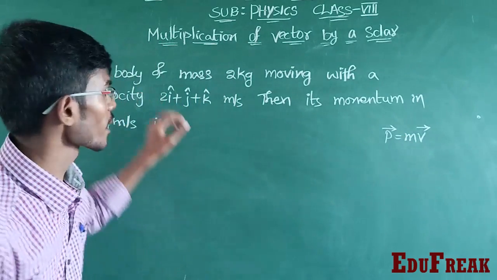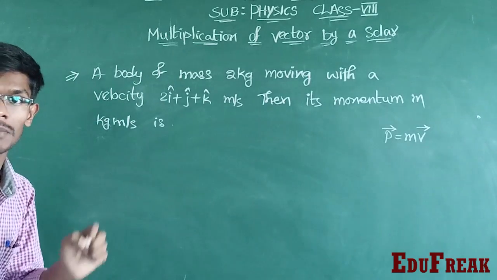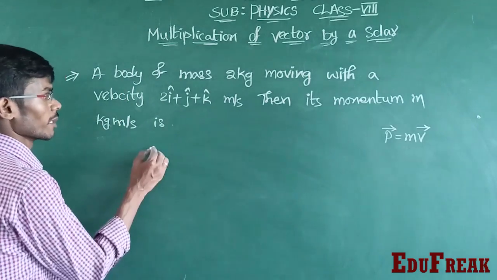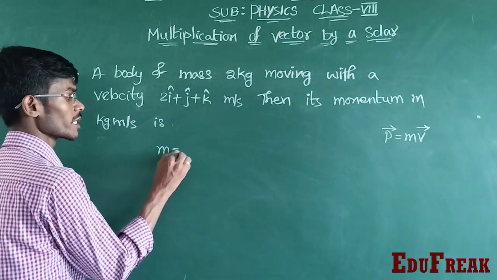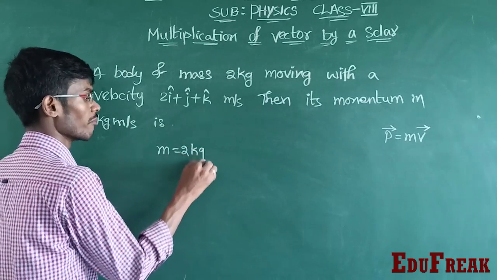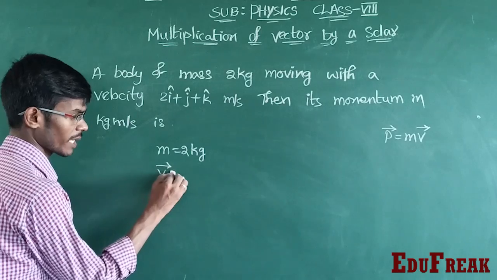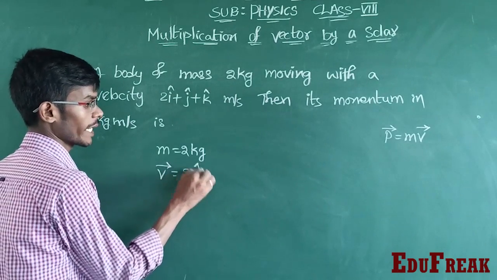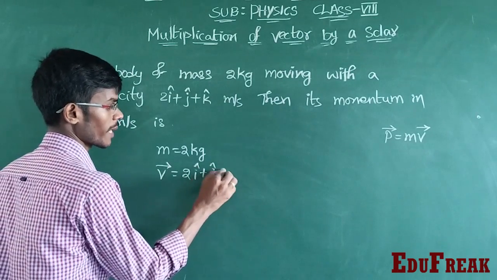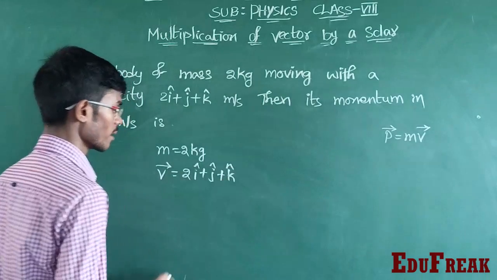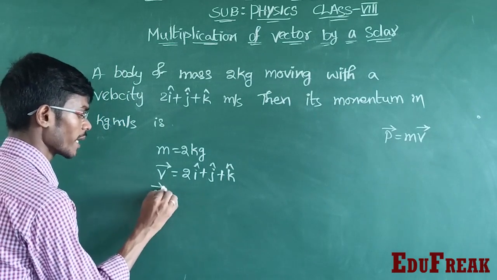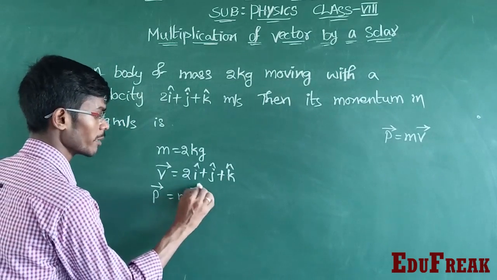First of all, write down the given values from the given problem. So here m is equal to 2 kilogram, mass is 2 kilogram. Then velocity v bar they have given as 2i plus j plus k cap. Then what is the momentum? P bar is equal to m into v bar.